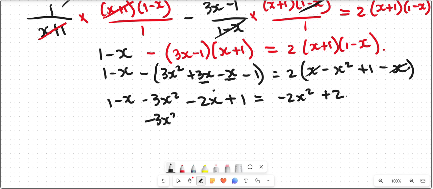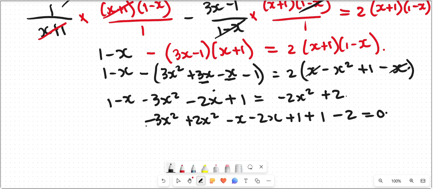Negative 3x squared plus a 2x squared, with minus x minus 2x, with a plus 1 minus 2. And there we go. This and that give negative x squared. This and that give negative 3x. This, that, and that would give me just a 0.